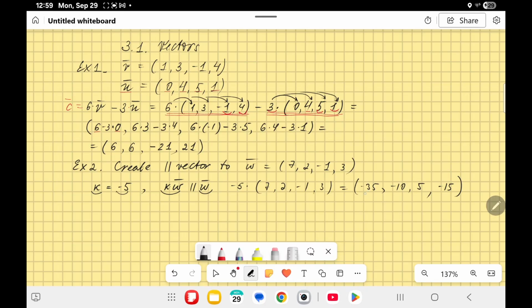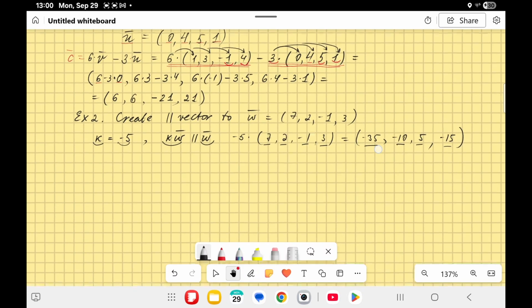You see, all components of my new vector are proportional to the old ones. The ratio between x components, y components, z components, and p components is going to be the same number, minus 5. Okay? Well, these are only examples from the first section, and we're going to move to section 2.